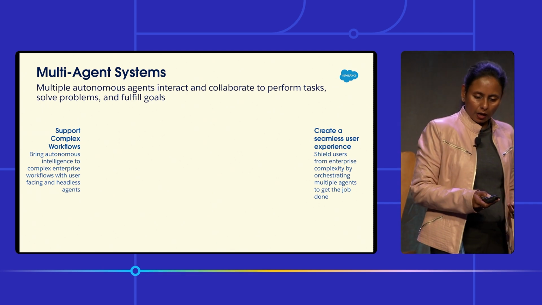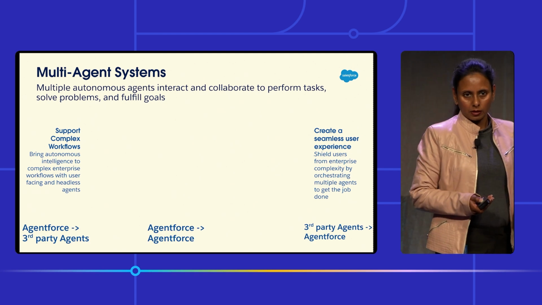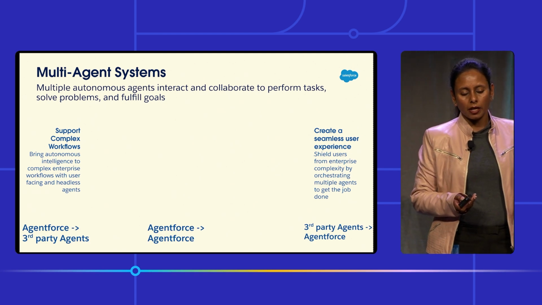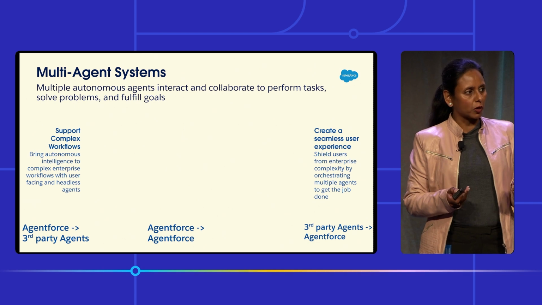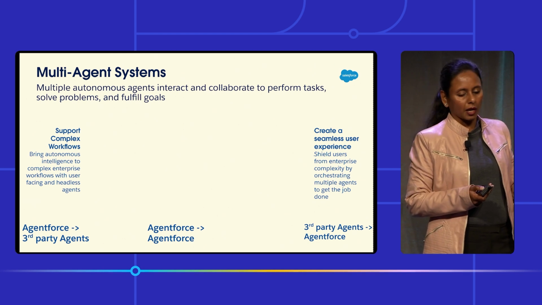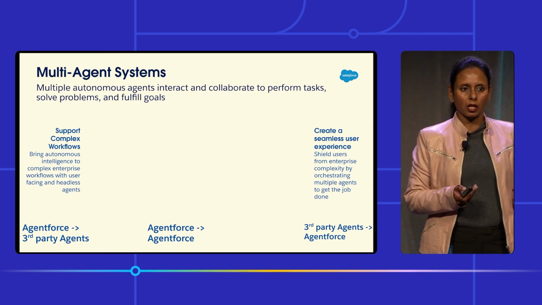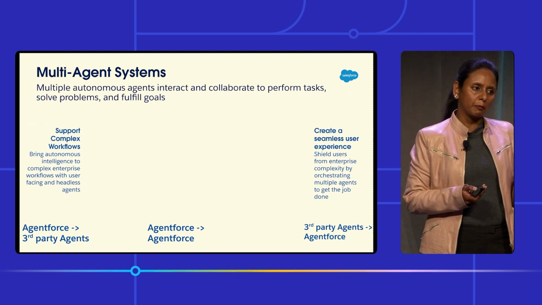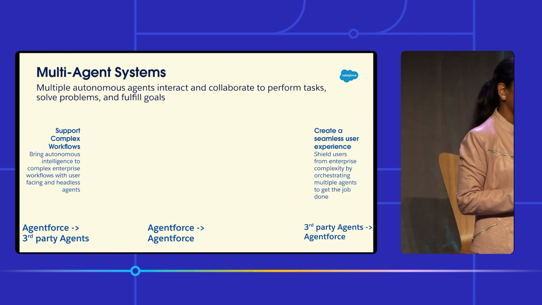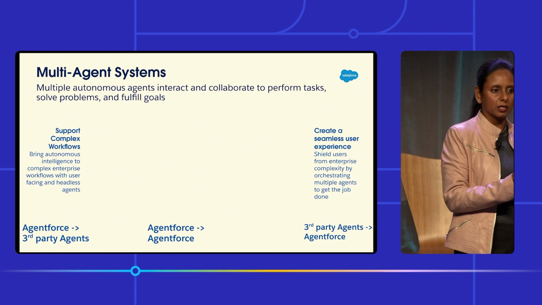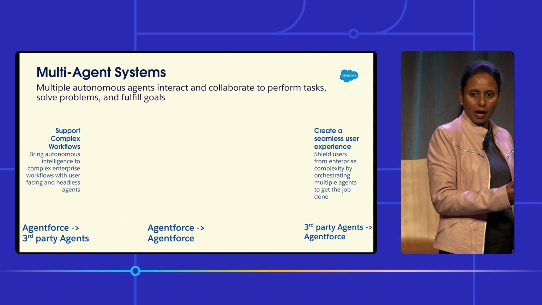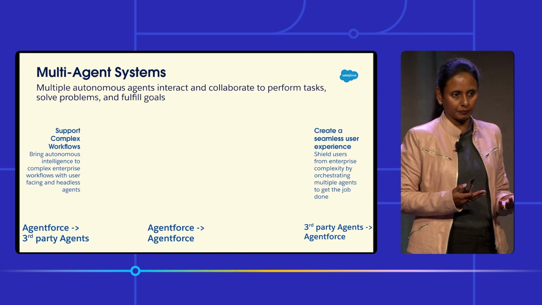So that's where we are seeing three patterns essentially. The first pattern is where you have an Agentforce agent that needs to communicate with a third-party agent. You can support this by building custom actions in Agentforce, and those custom actions can wrap around the APIs of those third-party agents.